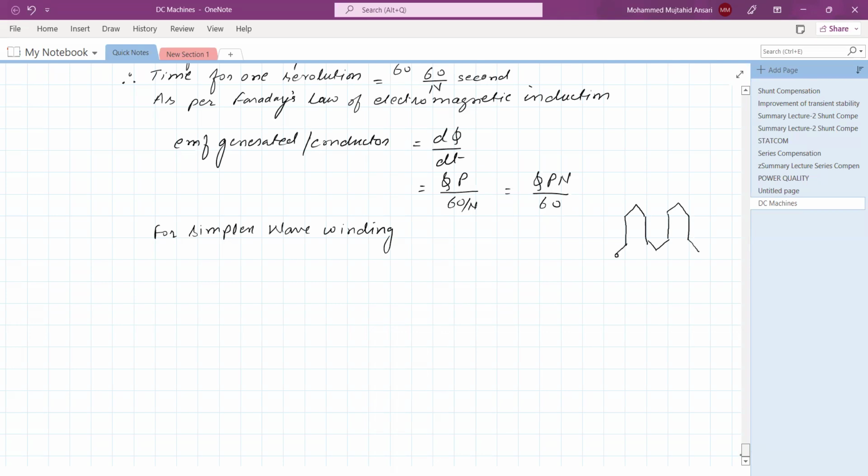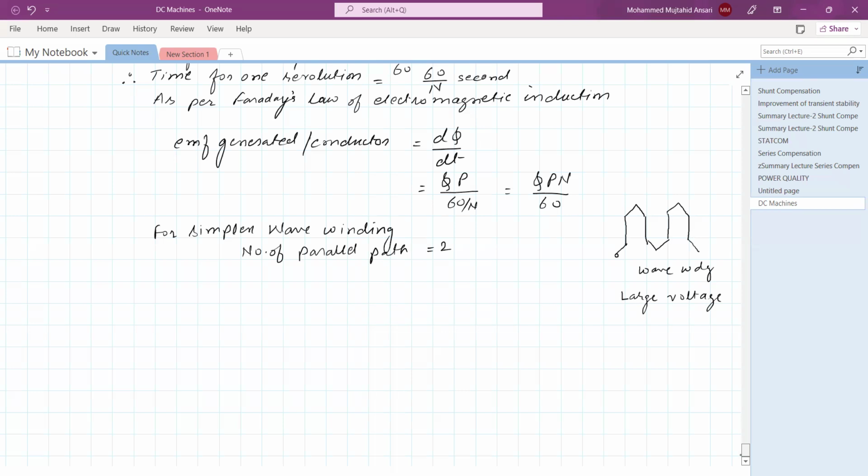This is the wave one. This winding is used for large voltage because the conductors are connected in series. So for the wave winding, the number of parallel paths is equal to 2.